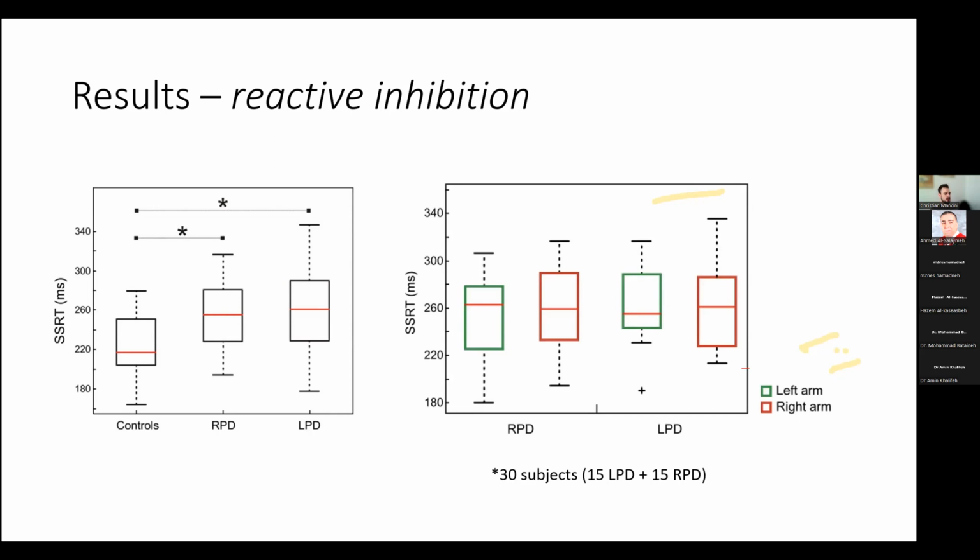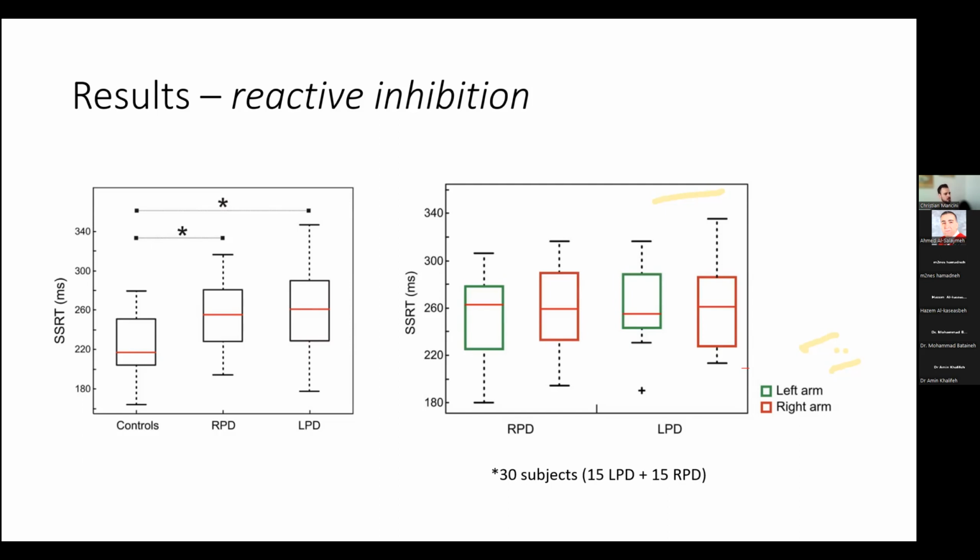We checked even the difference in arm, because if you use the right arm, you are effectively using the left side of your brain and vice versa. So this effect could be masked by the fact that you're using only the right hand to do your stop signal task. So we administered the same task to 15 left and 15 right patients.